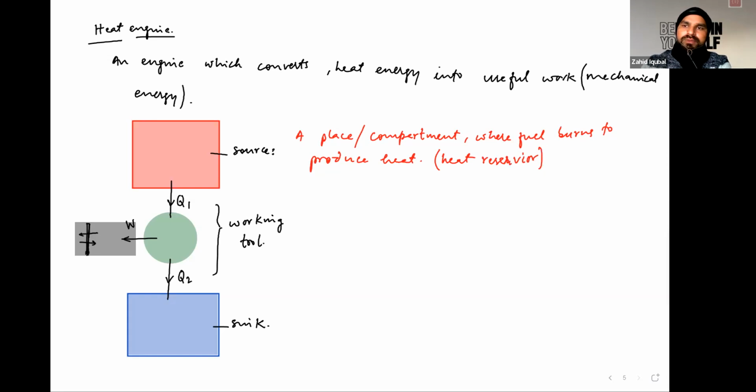Next is working tool. It consists of gas in a vessel with a movable piston, which moves to and fro according to absorption and ejection of heat.